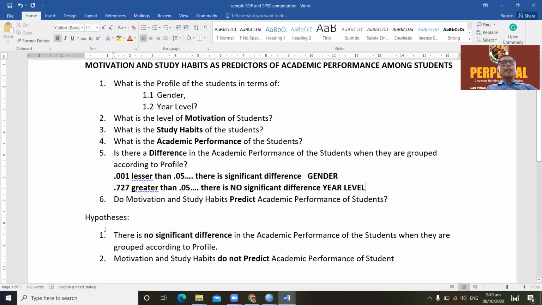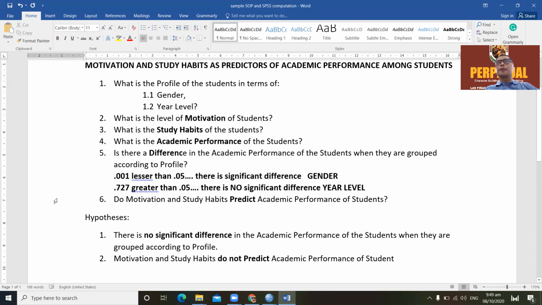Okay? So with regards to the first hypothesis, there is no difference. It is supported when you try to compare them by year level, but it is rejected when you try to compare them by gender. Now you have already answered your statement of the question number 5.